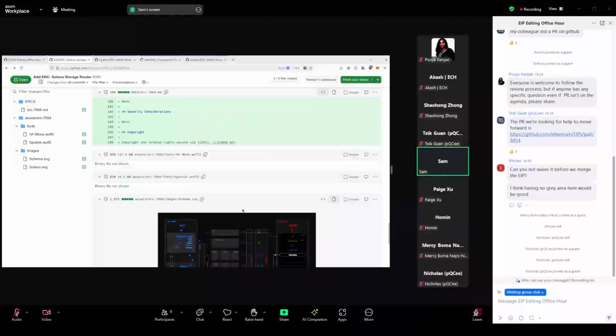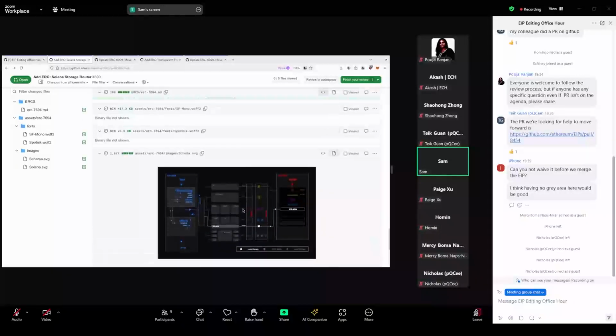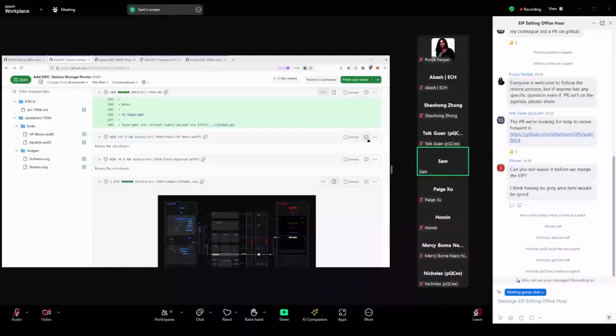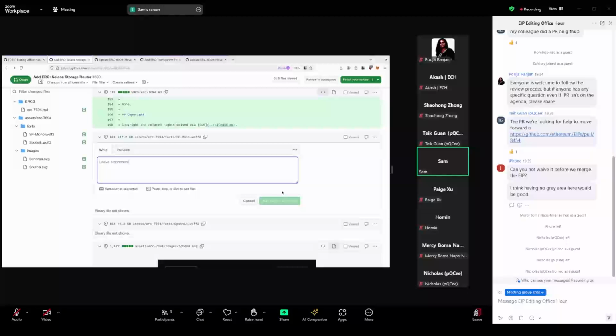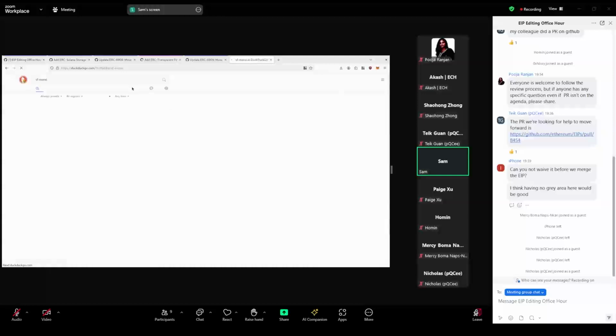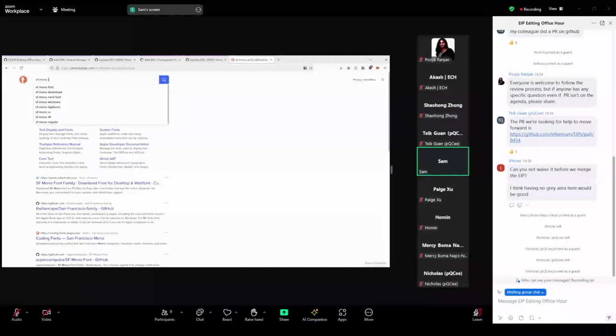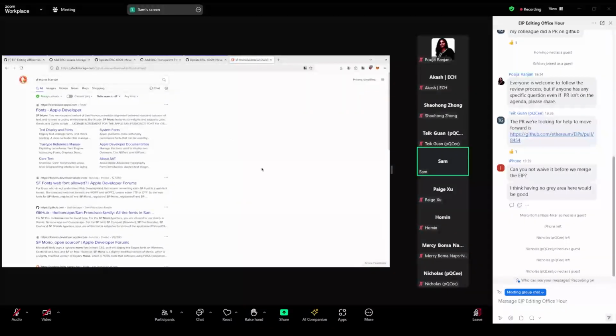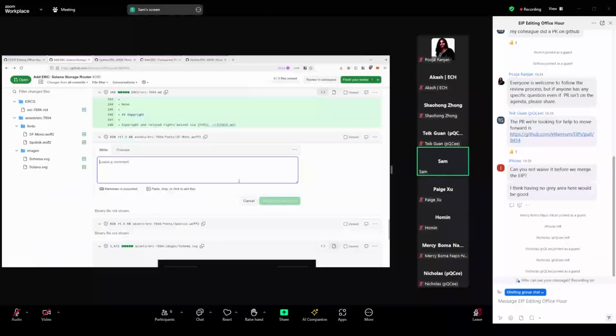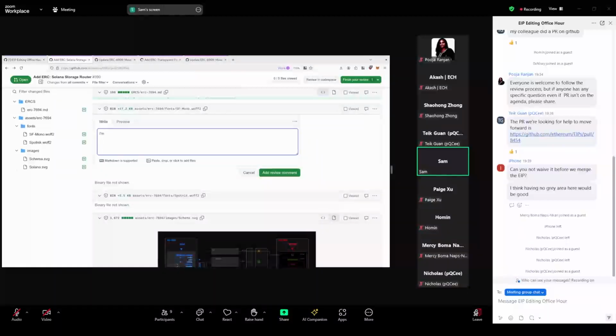Why are there fonts? Yeah. Huh. That's really weird. Making it more fancy. Yeah.